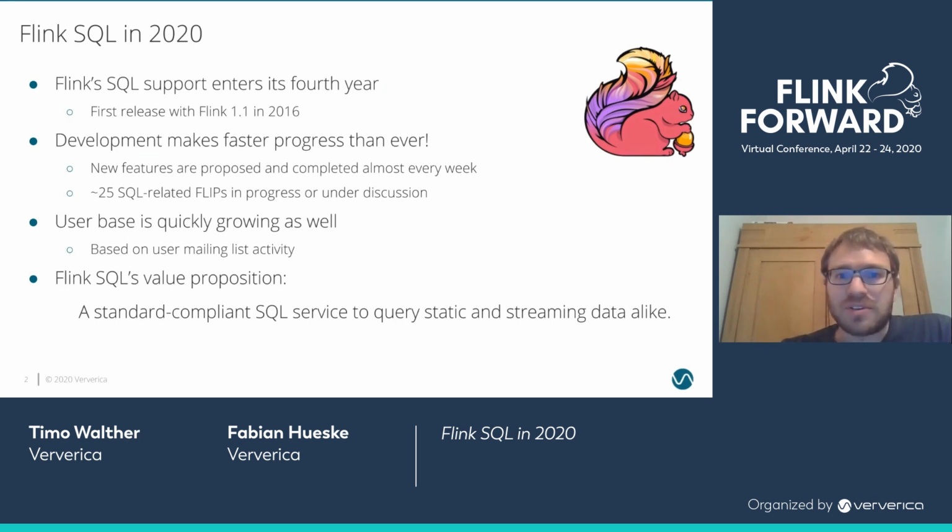New features are proposed and completed at a very high pace. So constantly somebody brings up a new discussion on the mailing list of a new feature to add. And recent releases are pretty heavy on adding new SQL features. Right now, there's like 25 open FLIPs being discussed or being worked on. So this is one of the most active areas in Apache Flink.